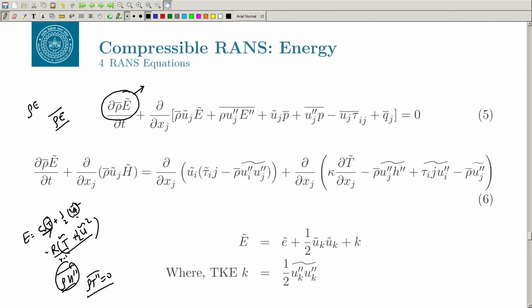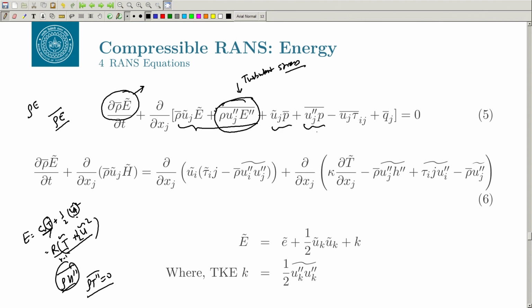In this, as we had expected, you will have the work due to the turbulent stress. This is the turbulent stress term, right.